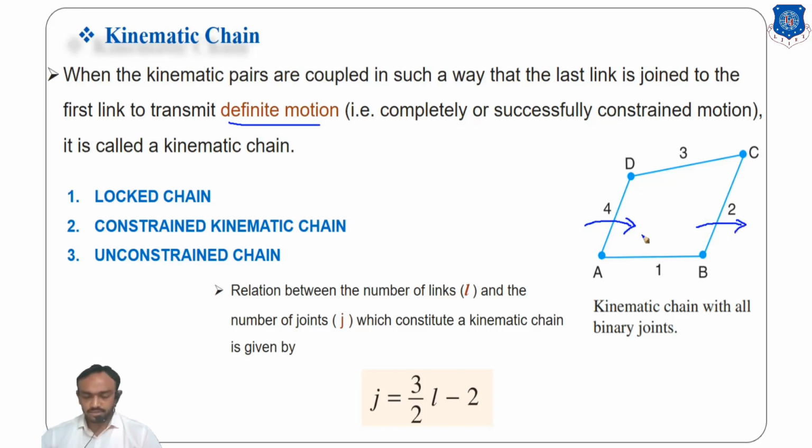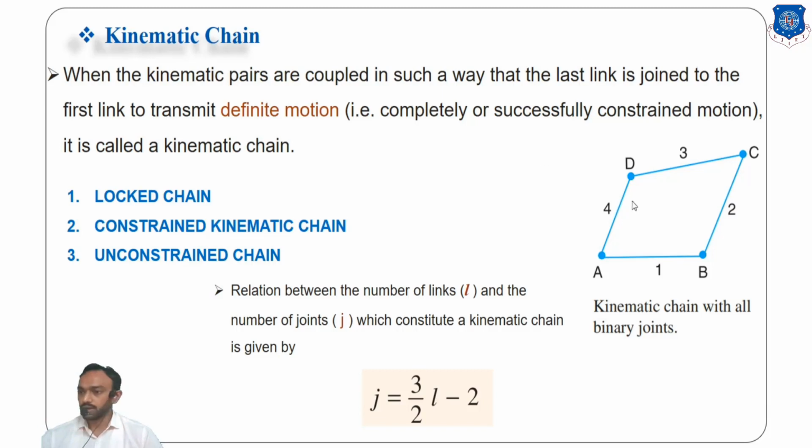There are 3 types of chain: locked chain, constrained kinematic chain, and unconstrained chain. But how do we decide which type of chain it is? For that we have a relation between joints and links. J is the number of joints and L is the number of links.